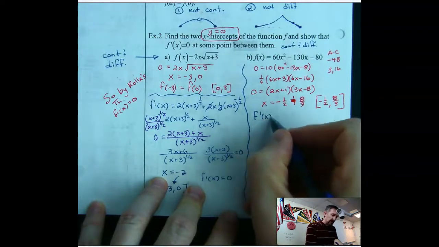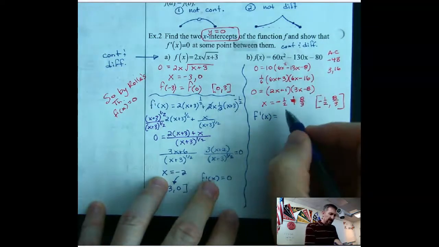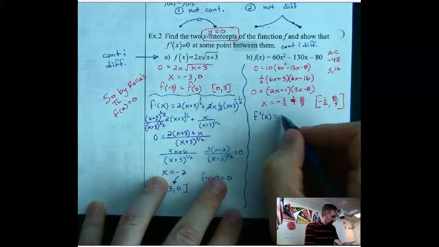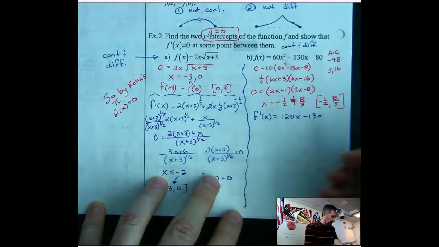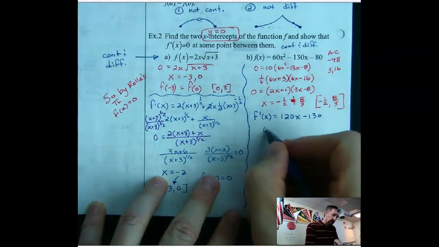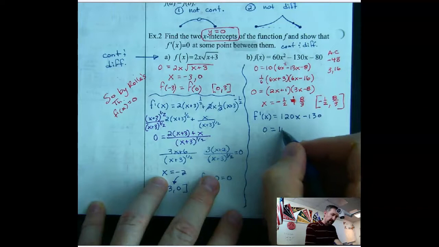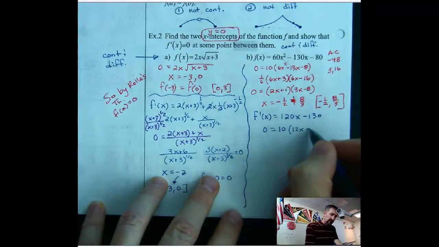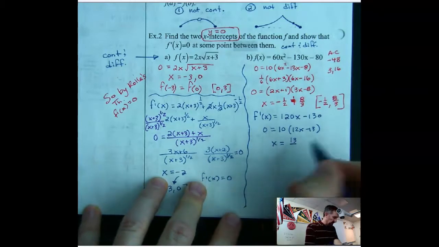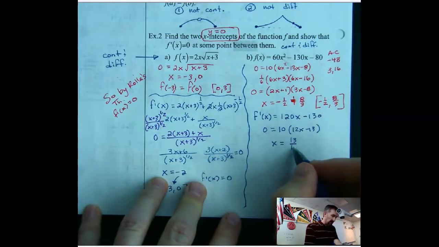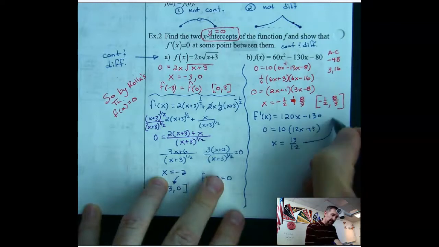So if we take f prime of x and we take the derivative of that, that would be 120x minus 130. And if we set that equal to 0 and divide out a 10, we're going to get 12x minus 13. So that's going to be 13 over 12. And that's in this interval.